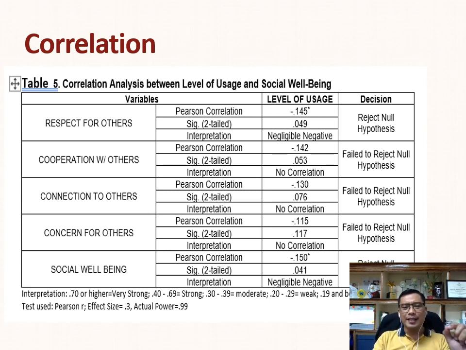Therefore, there is a negative correlation between respect for others and level of usage. And the strength of the relationship is 0.145. 0.145 is only in the negligible area. So the general interpretation here is that there is a significant relationship between respect for others and level of usage. Furthermore, their relationship is described as negative, negligible.